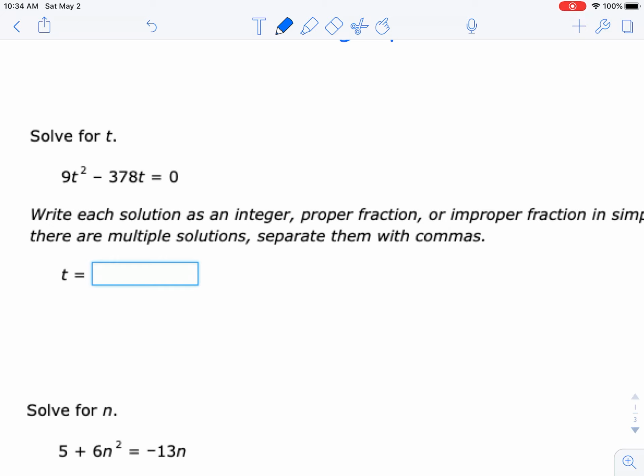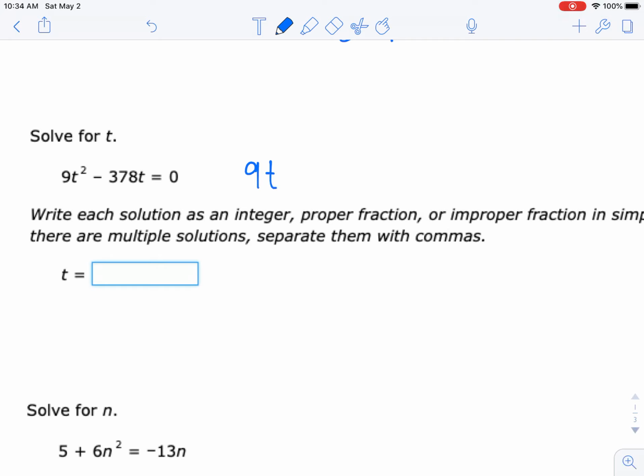In the next level, we see that we have a common factor, and we need to check if 9 goes into 378. So if you take 378 divided by 9, you get 42.